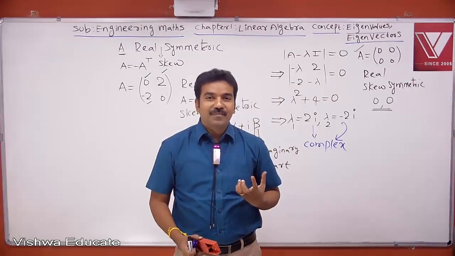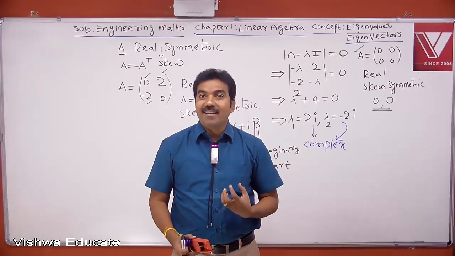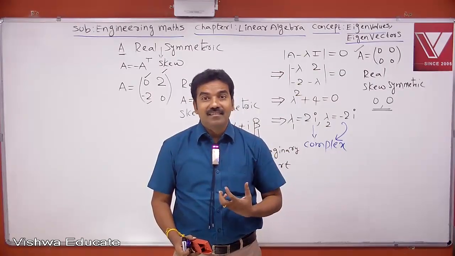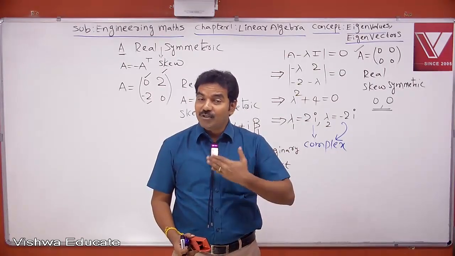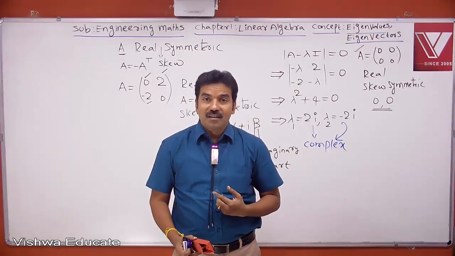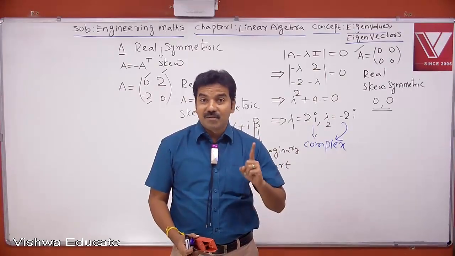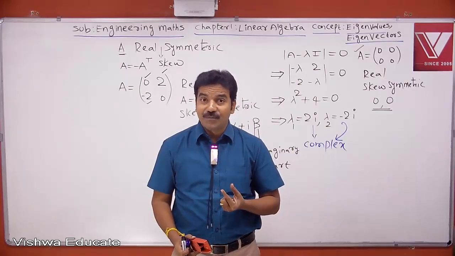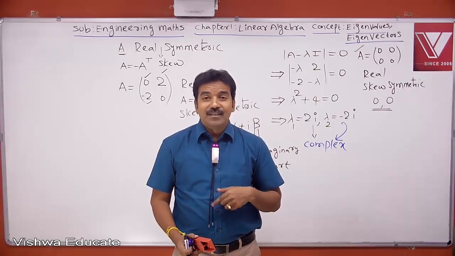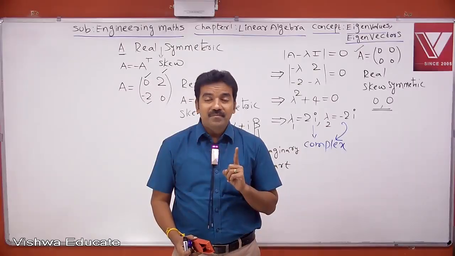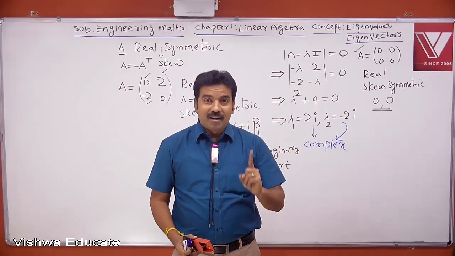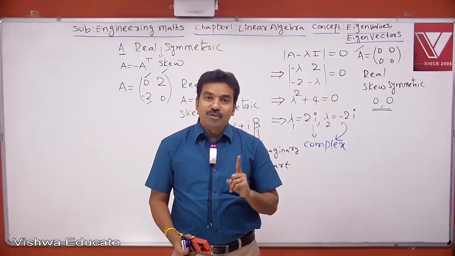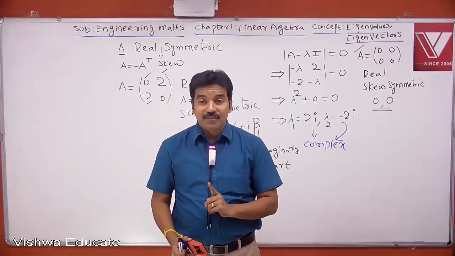Now you can ask me one question. If I take a 3 by 3 real skew symmetric matrix, as I mentioned earlier in the last session, during classroom workbook questions we went through one question: the determinant of a skew symmetric matrix of size 5 cross 5 is 0. And today I mentioned that the determinant of a skew symmetric matrix of odd size is 0.